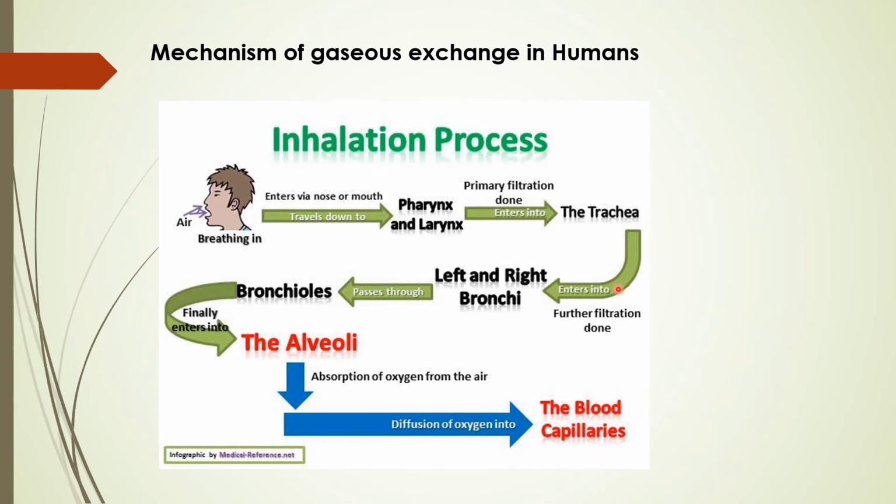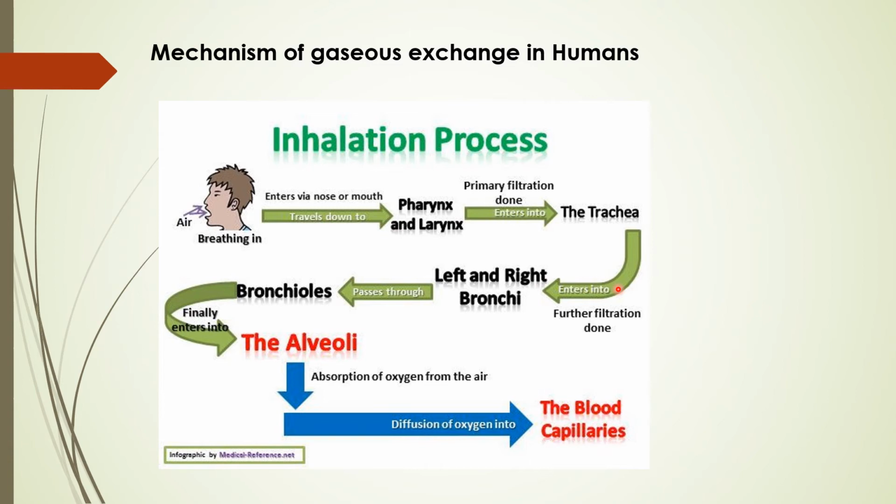And how does this happen? When the air is coming up to the lungs, the chest cavity becomes broader and larger. How does the chest cavity become larger? Due to the flattened diaphragm and lifted ribs. You can feel it when we are inhaling. When we inhale, the chest cavity becomes larger due to the flattening of the diaphragm and lifted ribs.